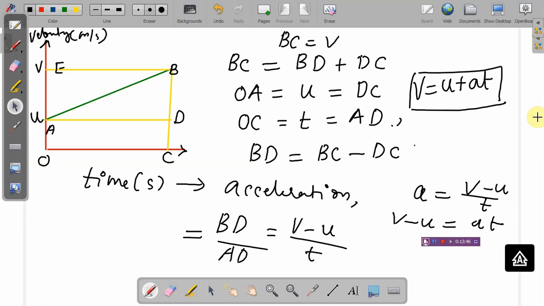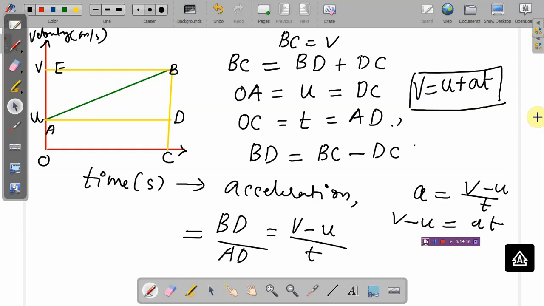Or change in velocity upon time, because AD represents the time only. So it will be V minus U upon T. If I want to get acceleration from that, I can get A is equal to V minus U upon T, or V is equal to U plus AT. This is a relationship which relates velocity and time. And all these equations of motion are valid only for constant acceleration.